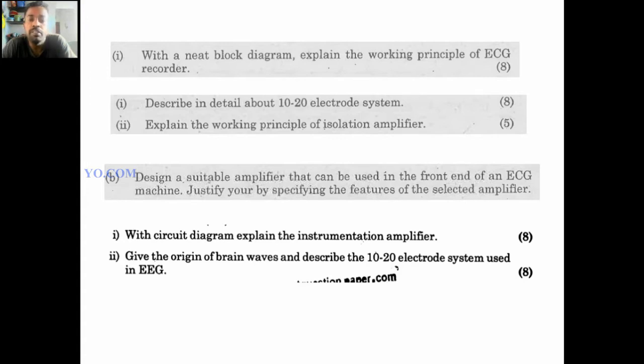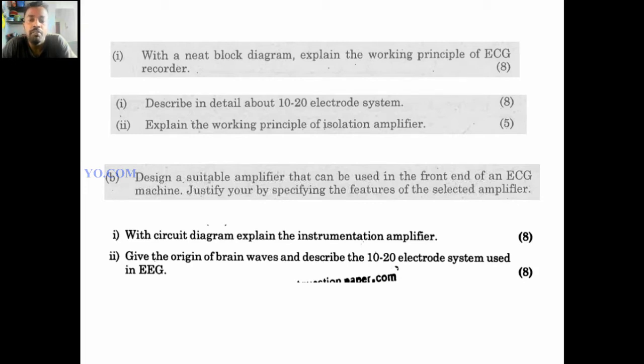This is from unit 3. Isolation amplifier is a very important question, but here it is a 5-mark, but in our syllabus it may be 7-mark. Then design a suitable amplifier that can be used in front of an ECG machine.